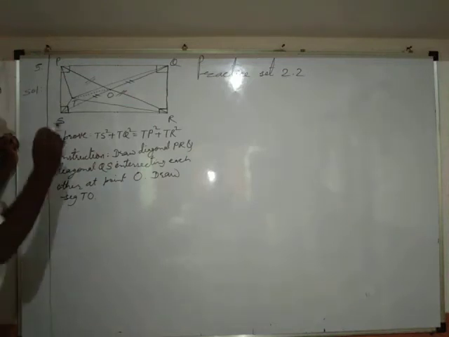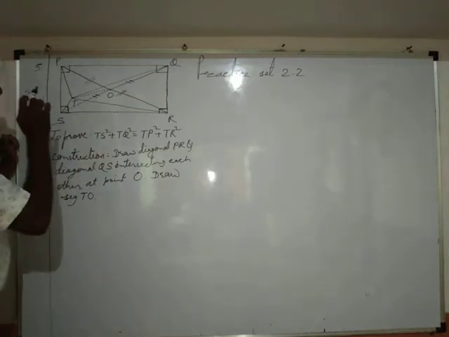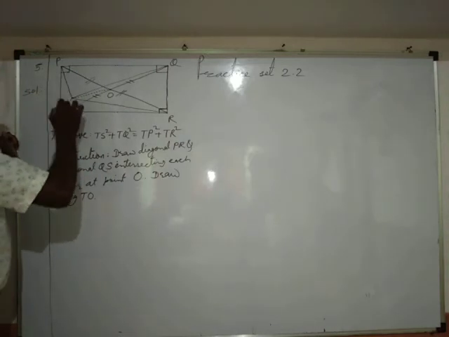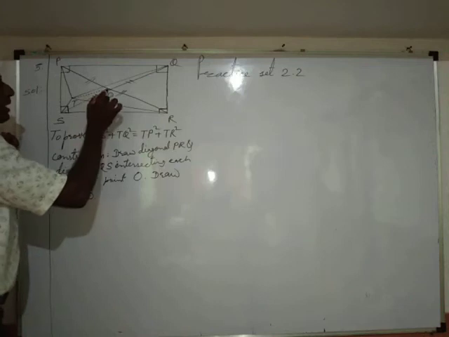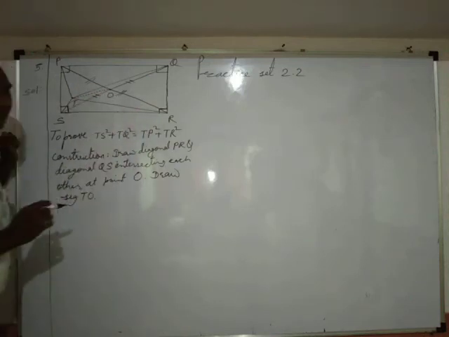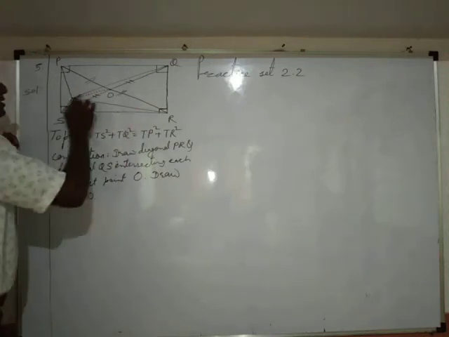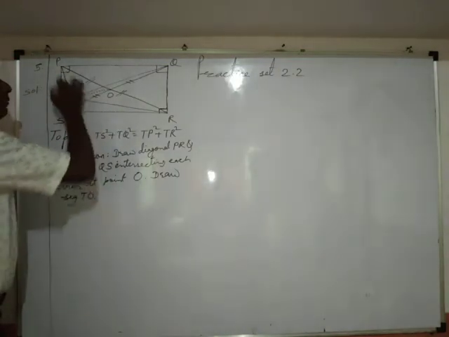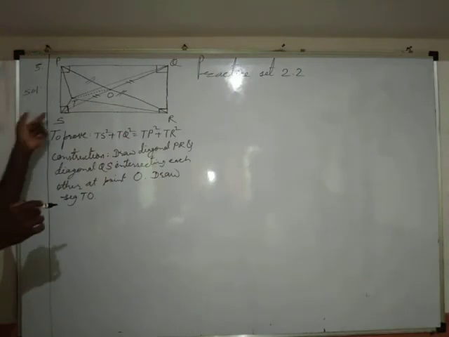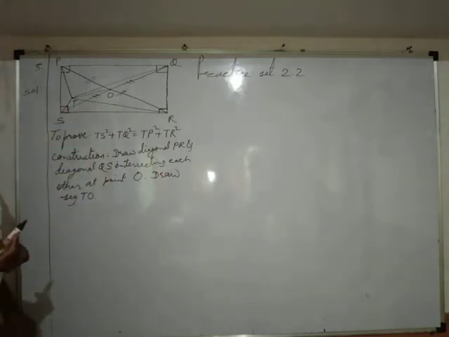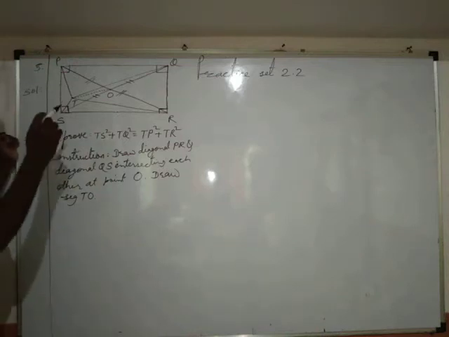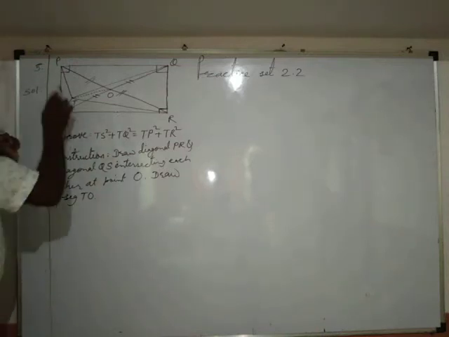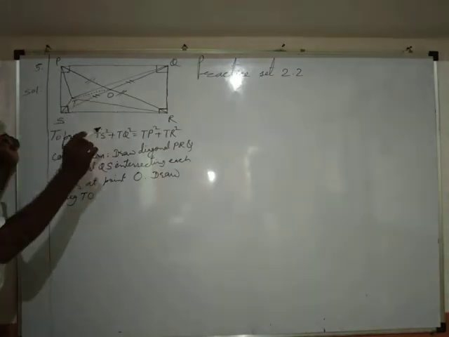In triangle TPR, O is the midpoint of PR, and therefore seg TO will be the median of triangle TPR, and that's why we can apply Apollonius theorem there.